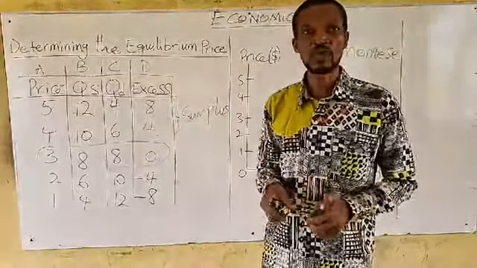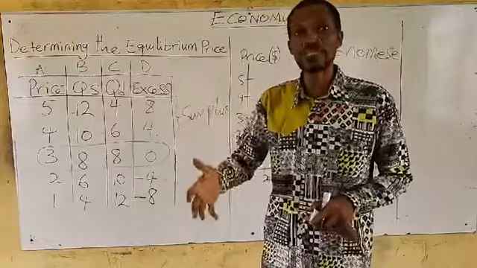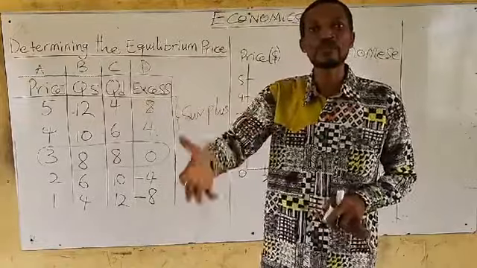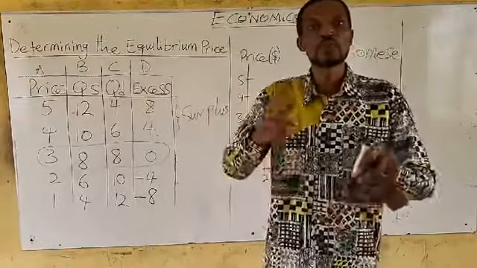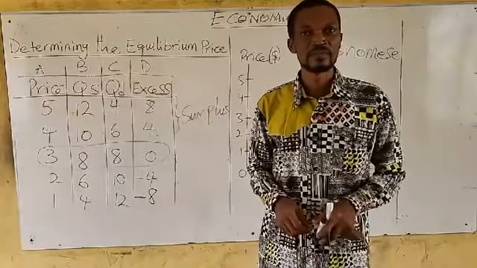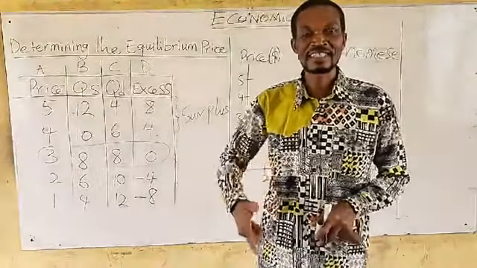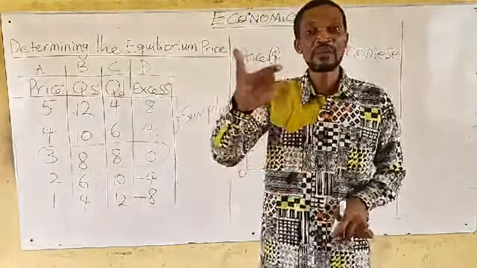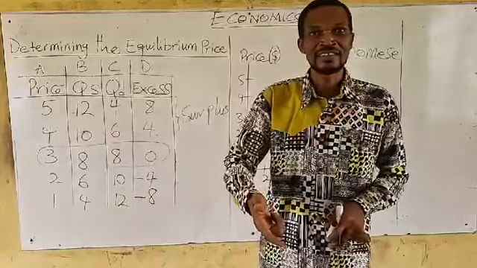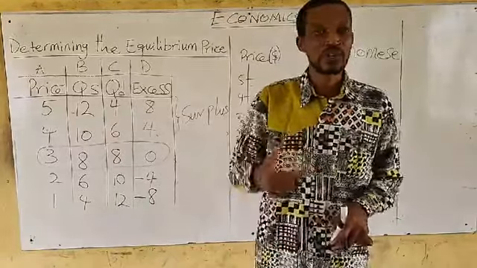Any price, so listen to this one carefully. Any price above the equilibrium price, any price that is higher than the equilibrium price will lead to what we call surplus on the market.